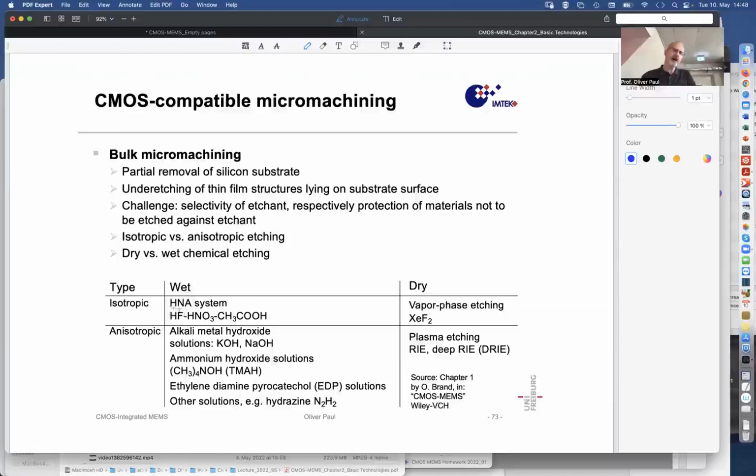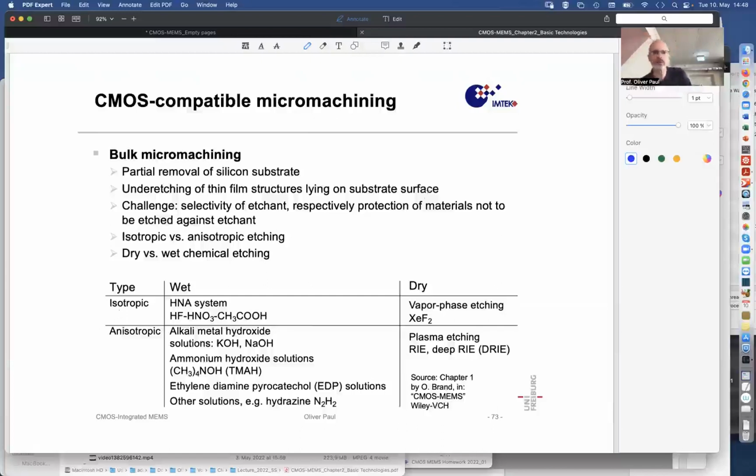HNA is the abbreviation of hydrofluoric acid, nitric acid, the second compound, and acetic acid, Essigsäure in German. So Salpetersäure, Essigsäure, in English, hydrofluoric, nitric, and acetic, HNA. And so that etches isotropically.